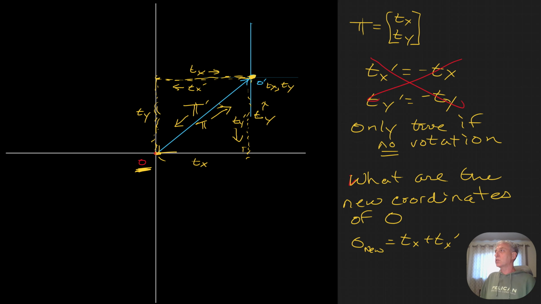Because we're going this way. We're adding, so tx would be negative, so we're going to add a negative, and ty plus ty prime. That's the idea we're going to develop.